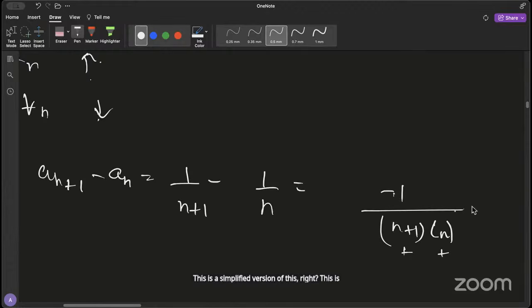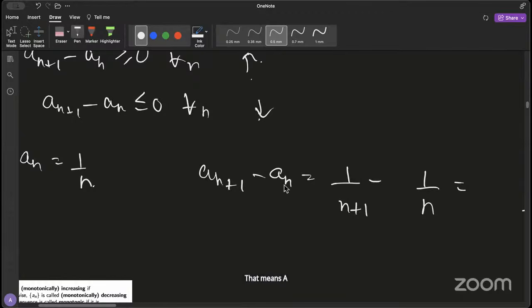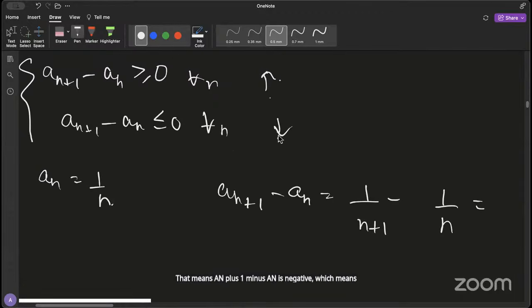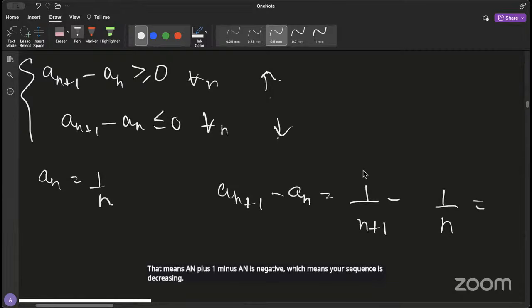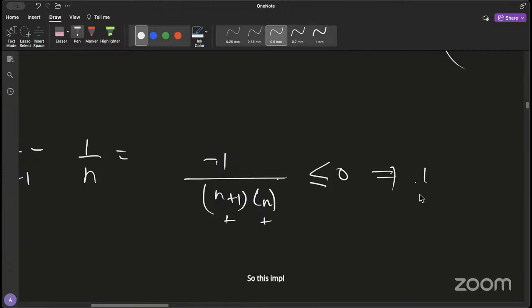So this is negative, all of them positive. That means this is negative. That means a_(n+1) minus a_n is negative, which means your sequence is decreasing, right? So this implies 1 by n is a decreasing sequence.